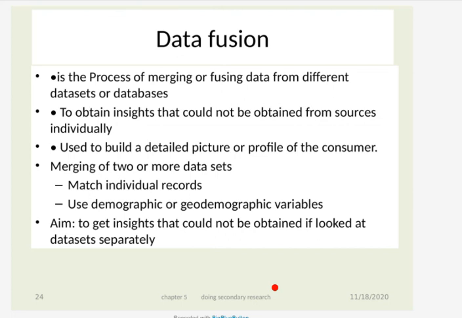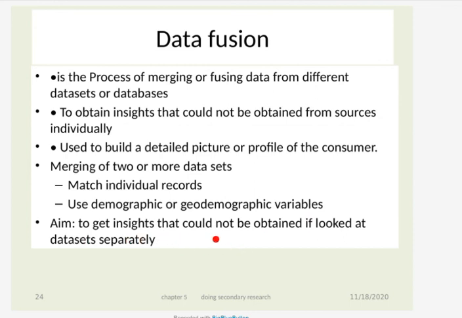Okay. What is the purpose? The purpose here is to build a detailed picture or a profile of a customer, for example. So you might take two sources, for example, to match the individual record of this customer with the demographic and the geodemographic variables.